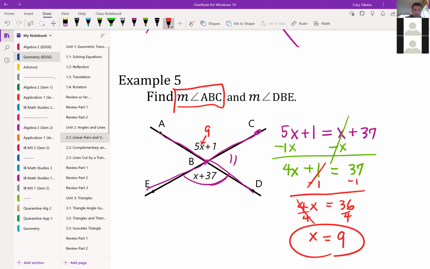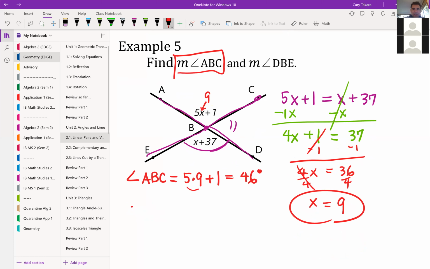So angle ABC should be equal to 5 times 9 plus 1. What is that? That's a 45. 5 times 9 is 45. 45 plus 1 is 46. Okay? 46 degrees.